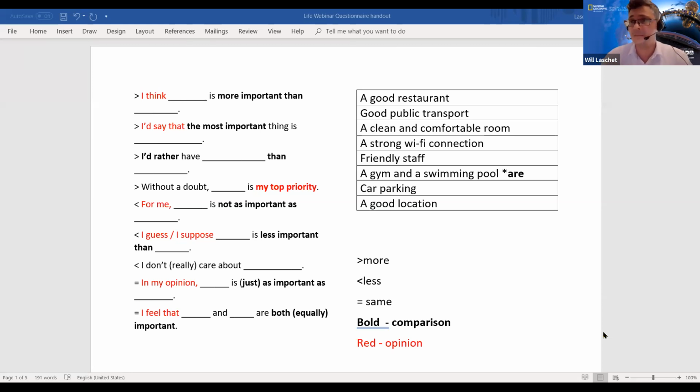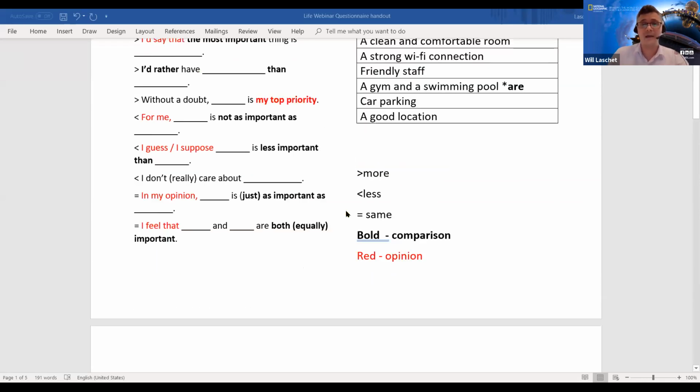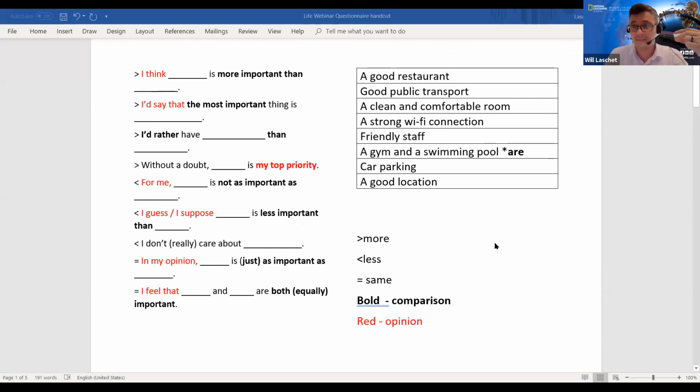We could monitor, listen for the kind of mistakes they're making, and then give them some feedback. Then perhaps the second time we do the activity, we give them this worksheet, so that they can make some accurate sentences. They'll have a record of this language, and this is going to help them with their fluency.